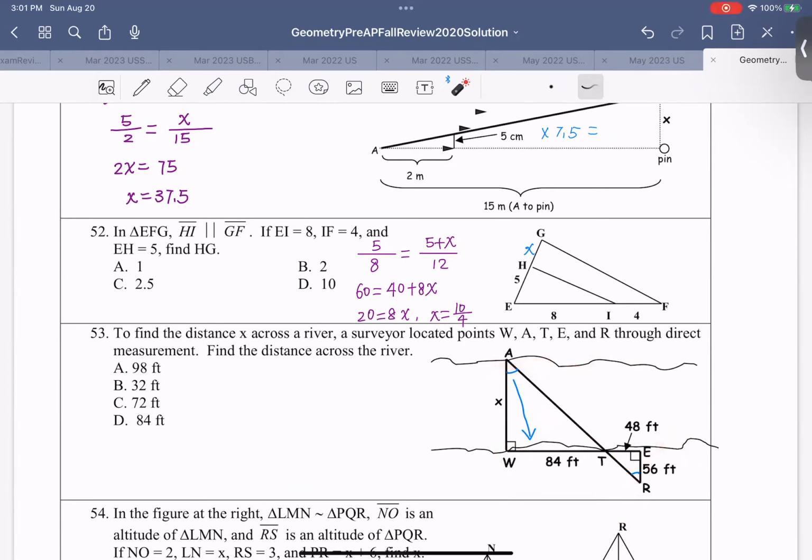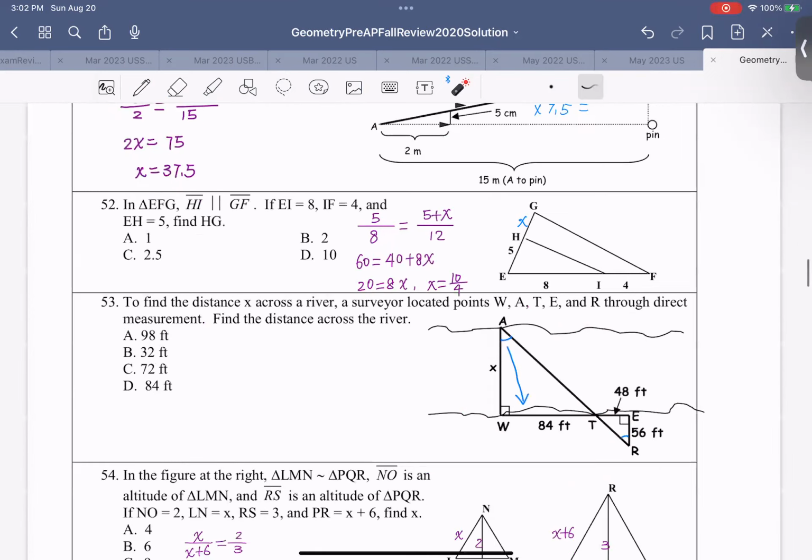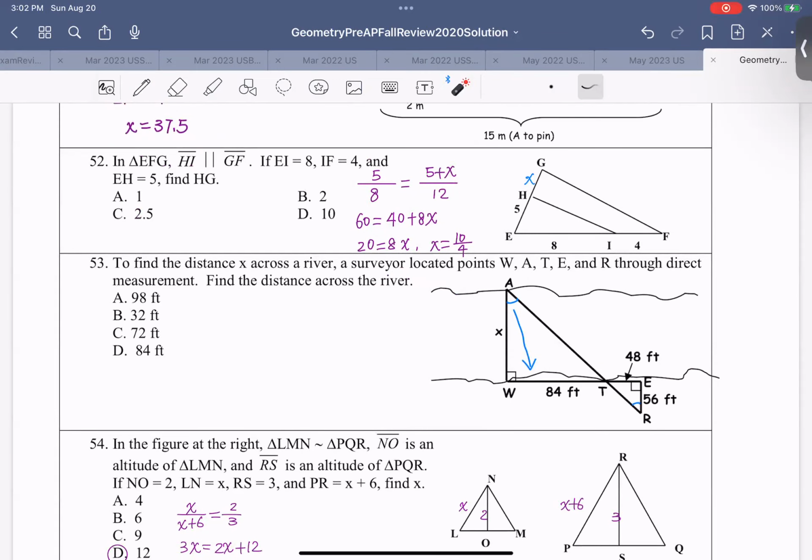What's your equation? Go ahead, Chloe. I'm going to show you guys. Since these two angles are equal, the corresponding side is going to be this guy's opposite over that guy's opposite. Make sense?